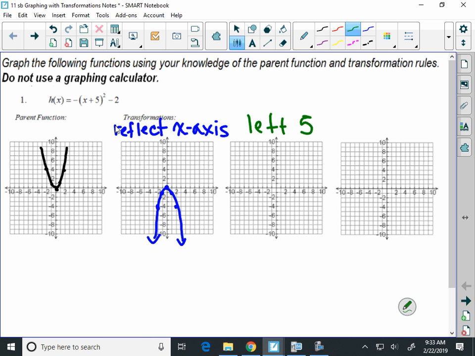I'm going to start with the vertex. 1, 2, 3, 4, 5. So 0, 0 became negative 5, 0. 1, negative 1 becomes negative 4, negative 1. 2, negative 4 becomes negative 3, negative 4.